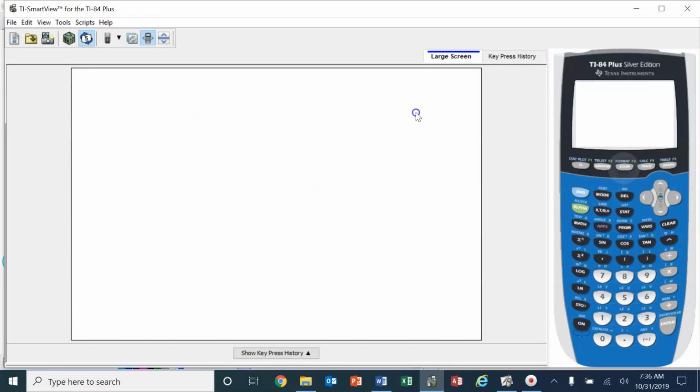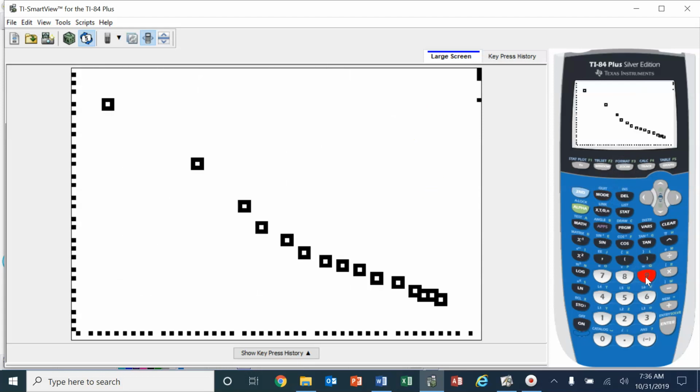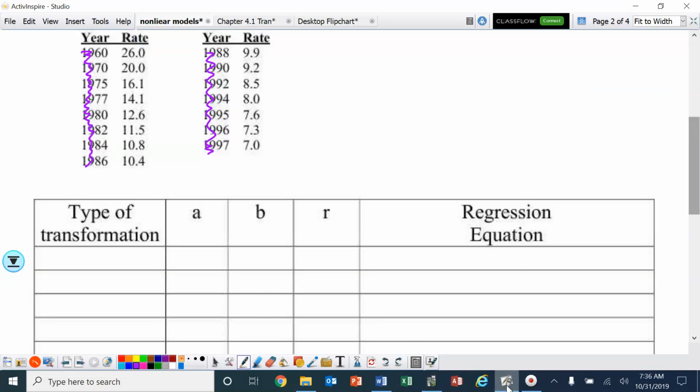Okay, so now looking at the graph, ladies and gentlemen, hey, that's pretty close to the last problem we just did. It's curving down. So first, remember, do the original. I want that filled in. Then you're going to try the exponential, so you're going to do the log of y.